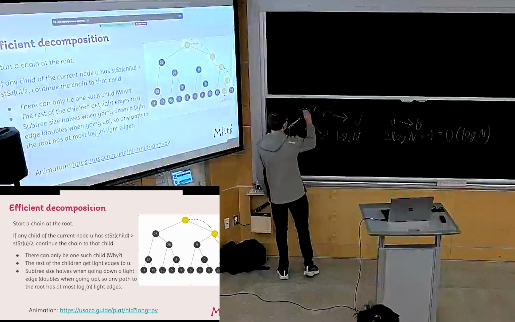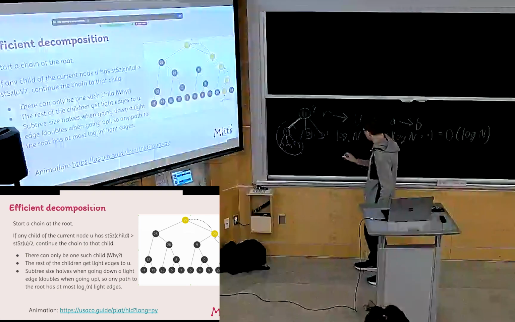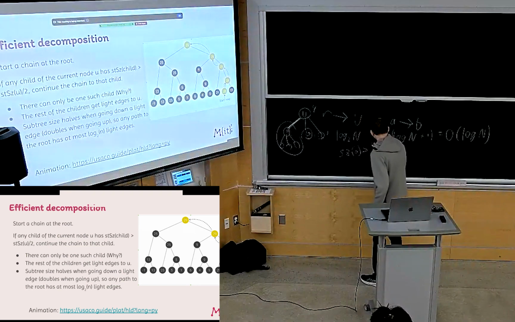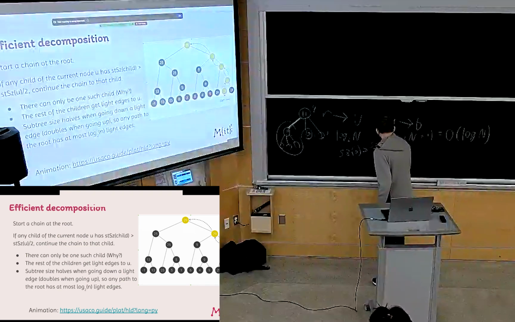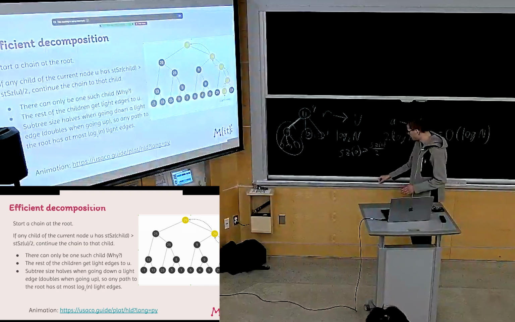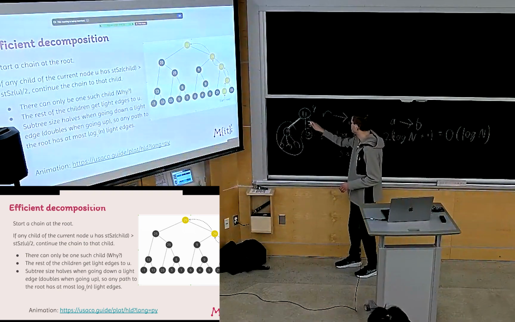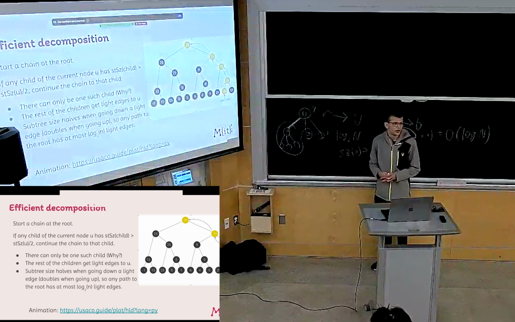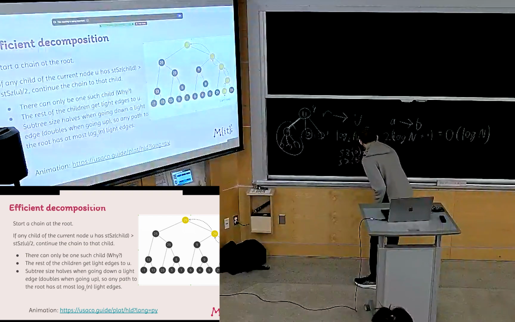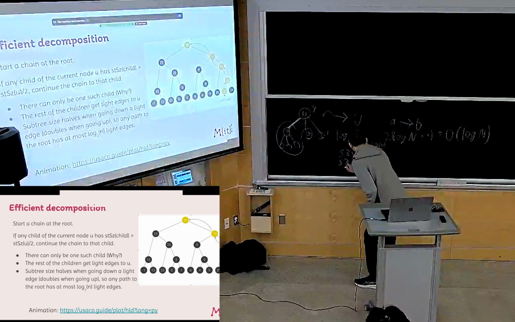So let's say this node is node U. This is, I don't know, A, B, and C. What we care about is if size of A is greater than size of U over 2, then we will make the heavy edge point to node A. And then we are not adding a light edge to node A. We're only adding a light edge to all of the other ones. For all of the other ones, we know that size of B is less than size of U over 2. And same thing for C.